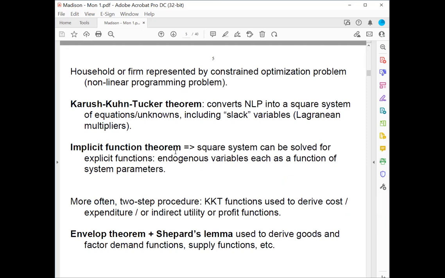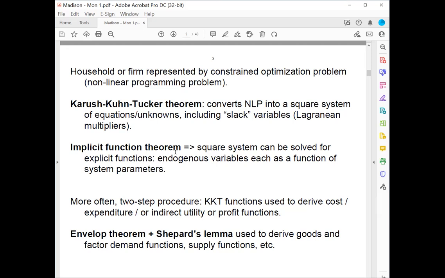One of the most important ones is the Karush-Kuhn-Tucker theorem, which basically converts a nonlinear programming problem into a square system of equations and unknowns, including these slack variables that I discuss in those notes, that allows for the computational corner solutions, which is very important in so many economic problems. And I'll give examples of that.